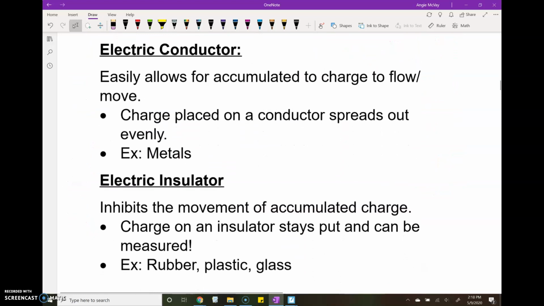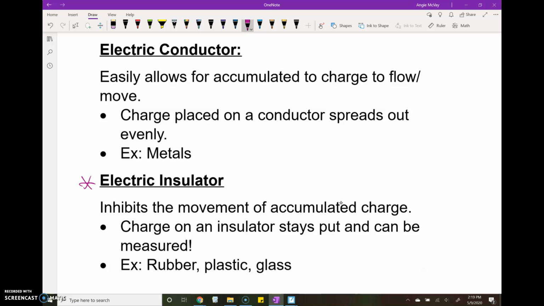All right. So would this work the same if my wand had been made of metal instead of black plastic? It actually wouldn't have, right? So black plastic is what we call an electric insulator.